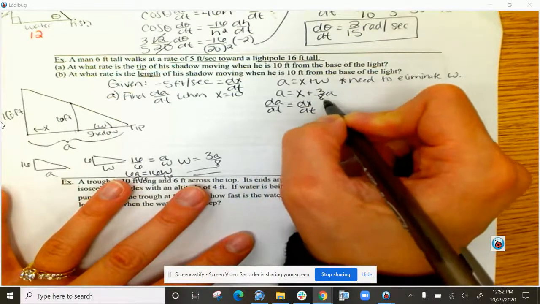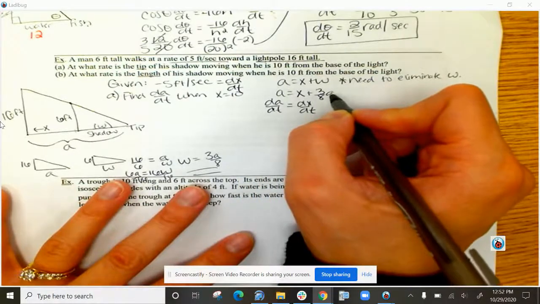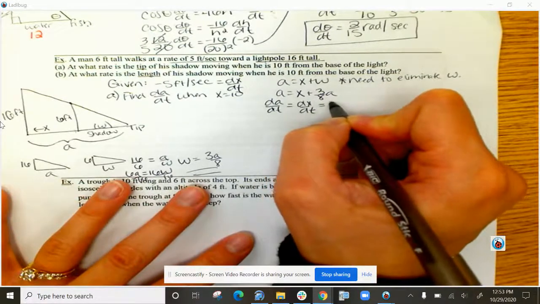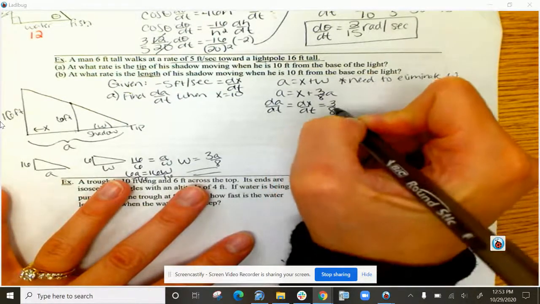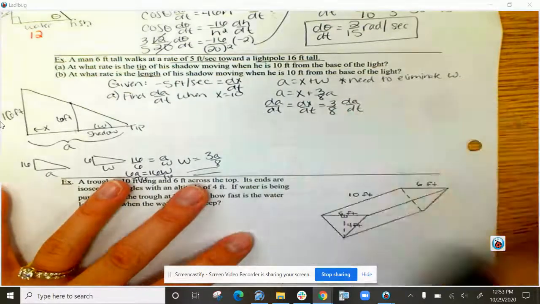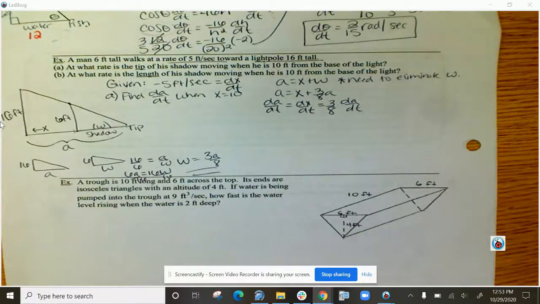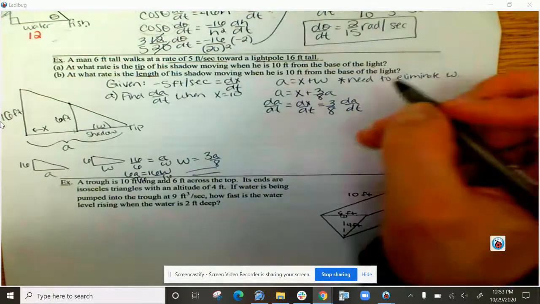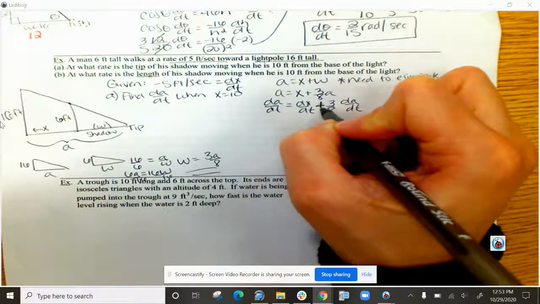And then we've got derivative of 3/8 A again, which is 3/8 dA/dt. Like that. Okay, so now that I have this, I can start replacing some things here. Sorry, this is plus. Oh, I have two equal signs. That's plus.